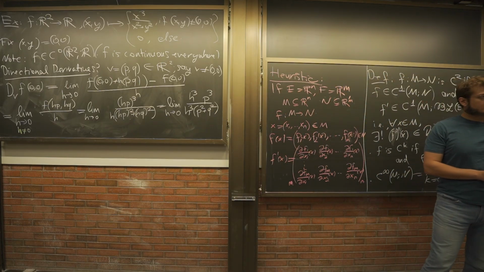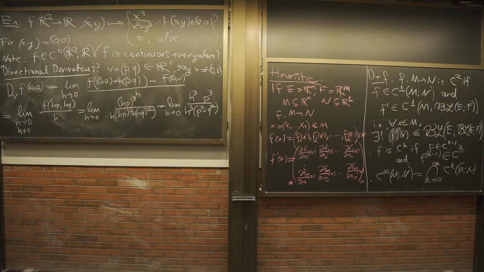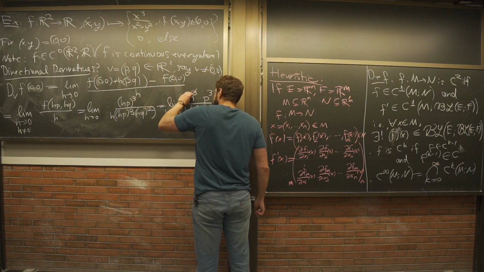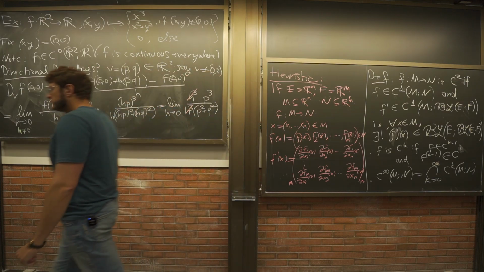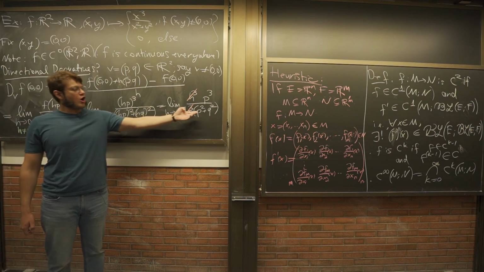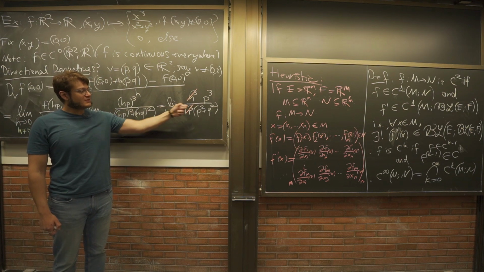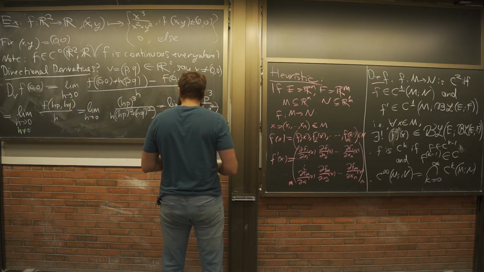Are you happy so far? h is not 0, so that I can cancel these out. But then I'm doing nothing but taking the limit of a constant expression. This expression now is constant in h, which means that the limit has to be that expression.